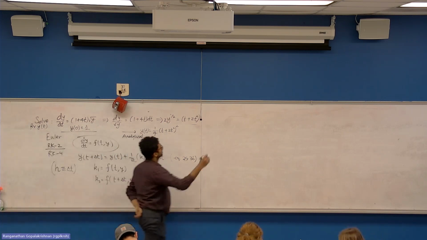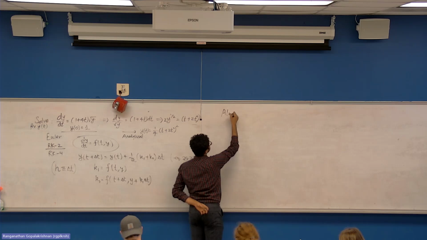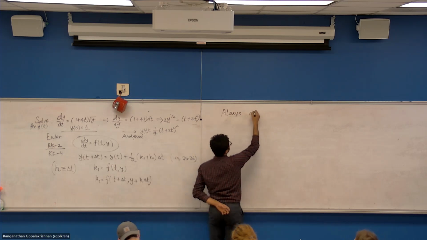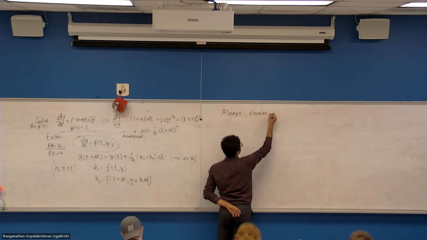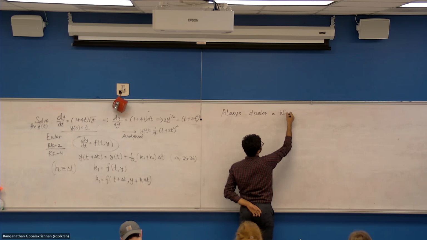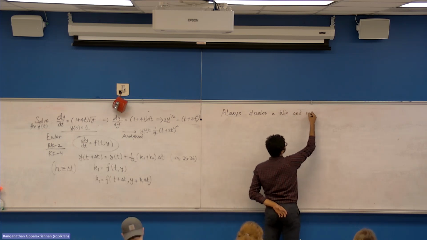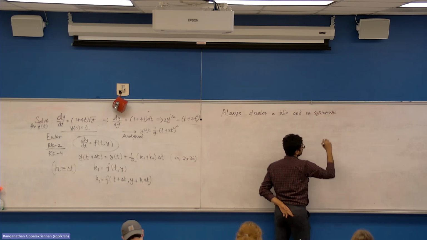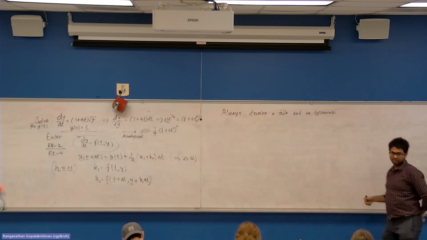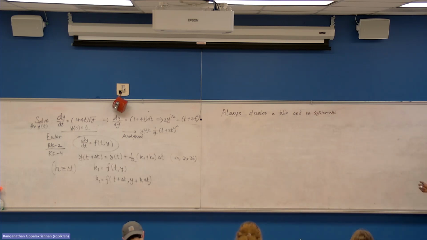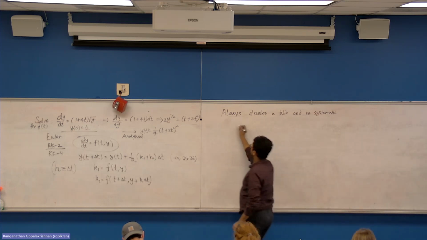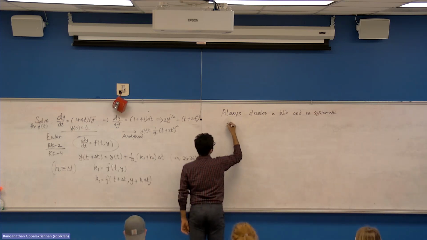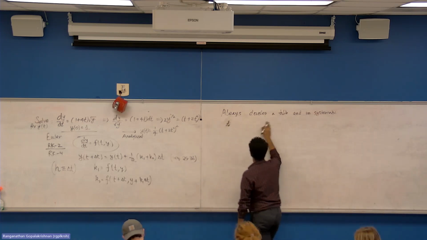Where do you start? Always, for these sort of problems, develop a table and be systematic about this. Don't cut corners. Don't think you can just do it in your head. Skip a step, it will only lead you to mistakes. So start with time, okay, time.